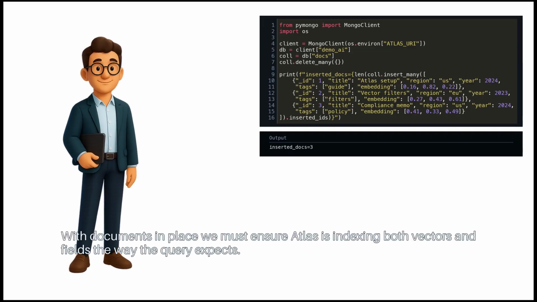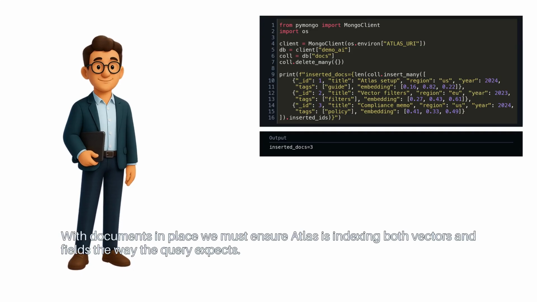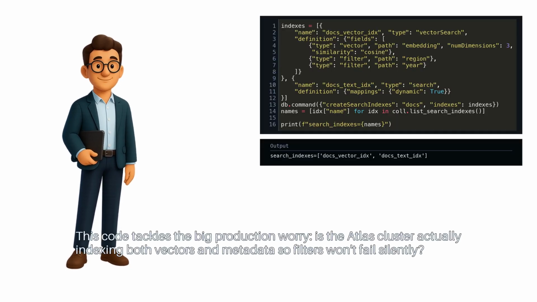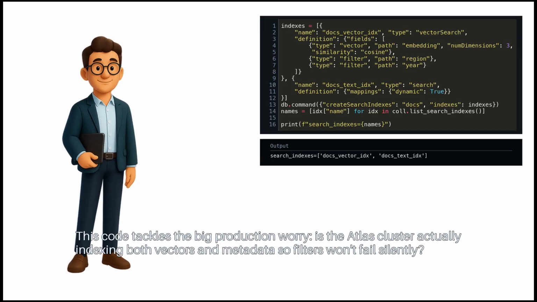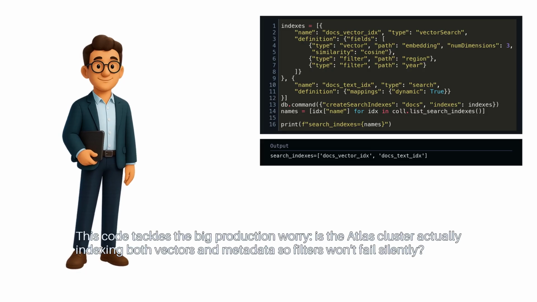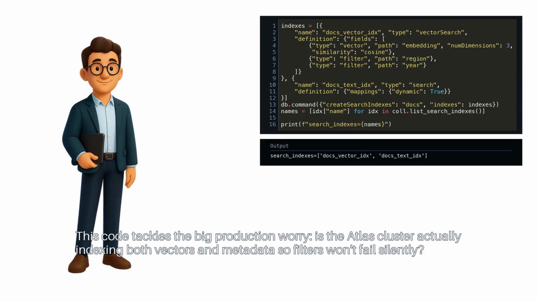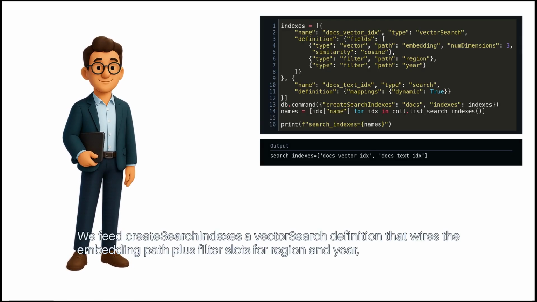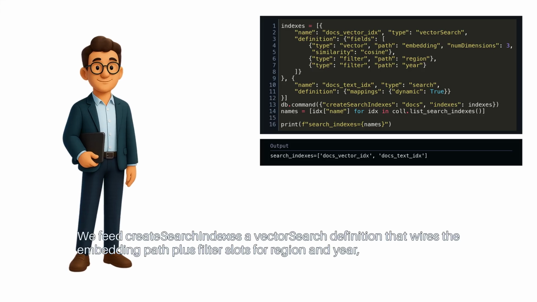With documents in place, we must ensure Atlas is indexing both vectors and fields the way the query expects. This code tackles the big production worry. Is the Atlas cluster actually indexing both vectors and metadata, so filters won't fail silently? We feed create_search_index a vector search definition that wires the embedding path plus filter slots for region and year.